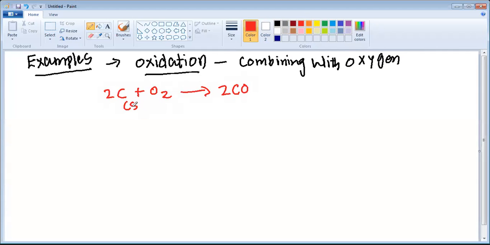You can see carbon is solid, oxygen is gas, and carbon monoxide is also a gas. This is a combination reaction. You can see that two reactants combine to give us a single product. Here we can even say, my dear students, that our carbon is oxidized.